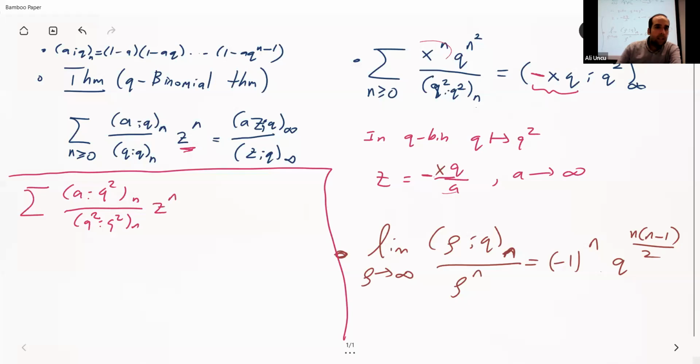Then we have z and a, z q to the power 2 sub infinity, z q to the power 2 sub infinity, and n goes from 0 all the way up. Okay, now the next step is we will plug in z being minus xq divided by a.